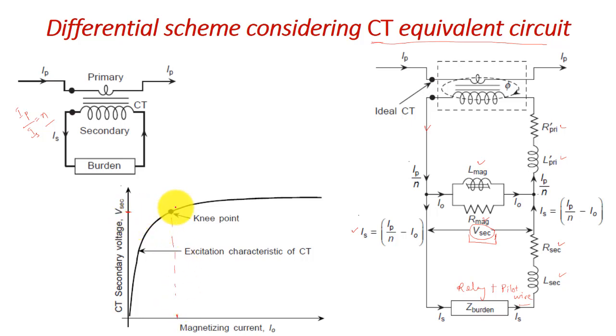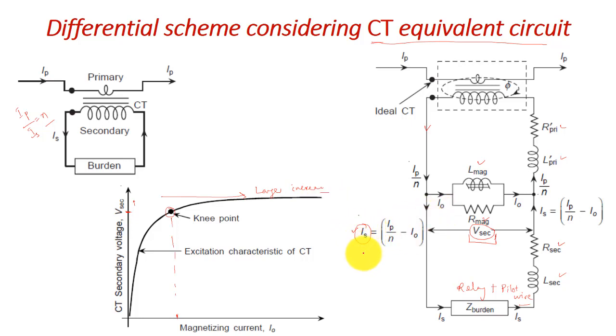Then as soon as it goes beyond this knee point, the voltage increases a little bit, but the magnetizing current becomes very huge, right. So a very large increase in the magnetizing current happens because of the saturation, and therefore your IS will decrease very drastically.